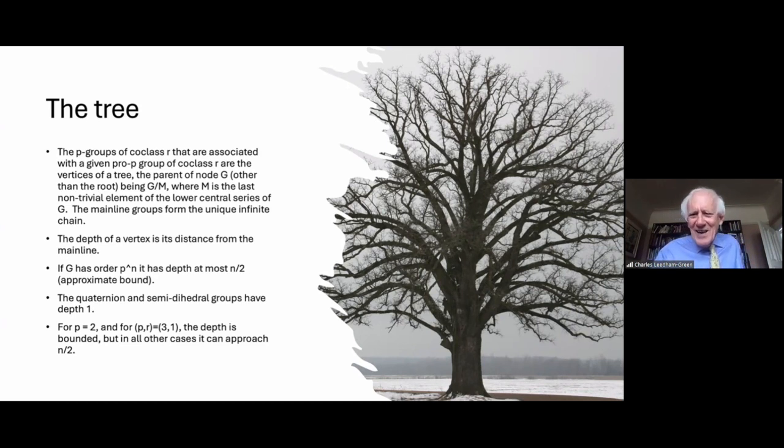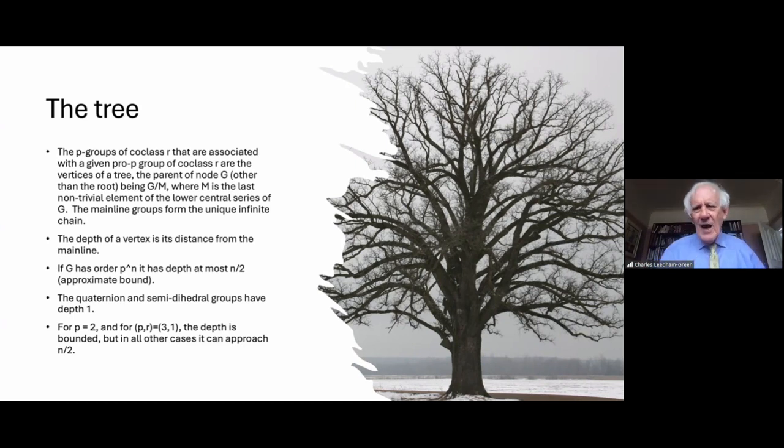As you go up the tree, well, the tree goes on forever. It's an inverse limit, and the branches come off as follows. The vertices of your tree are the groups, and an edge joins a group G to G over gamma_n of G, where gamma_n is the last non-trivial term of the lower central series.